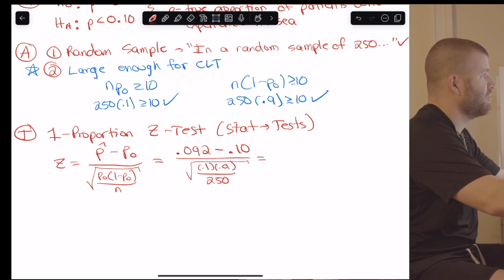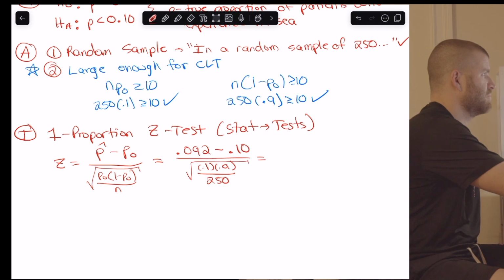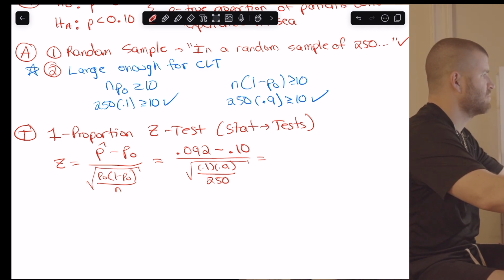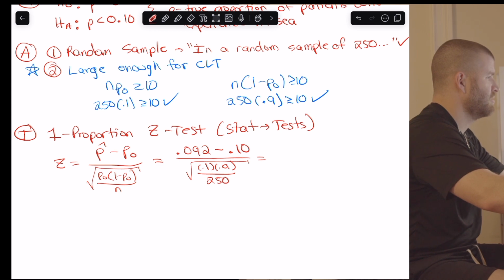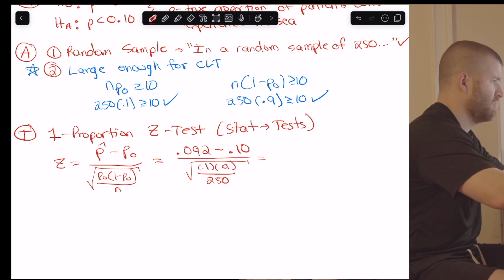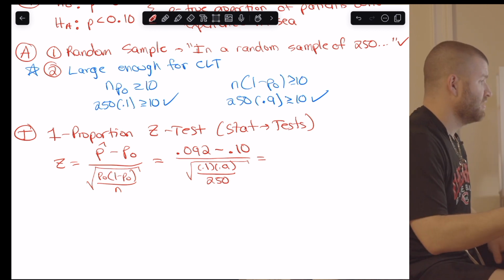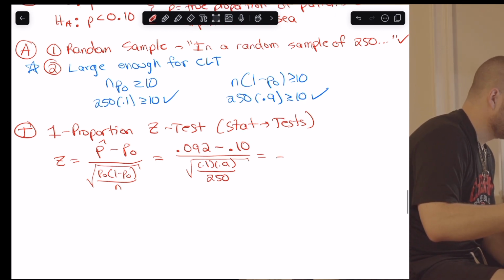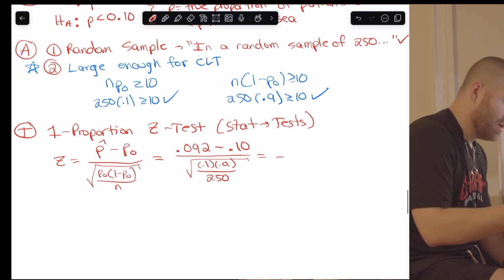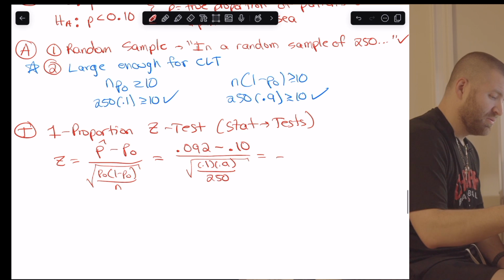And if I do some quick math here, here's what we get. We get a z statistic of negative 0.422.